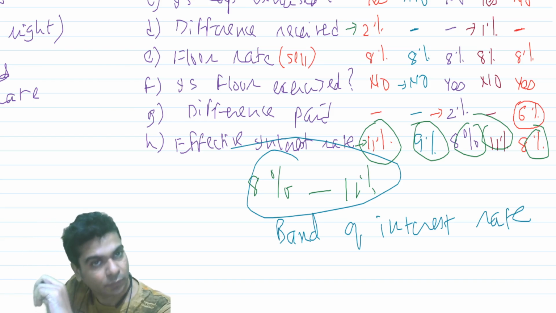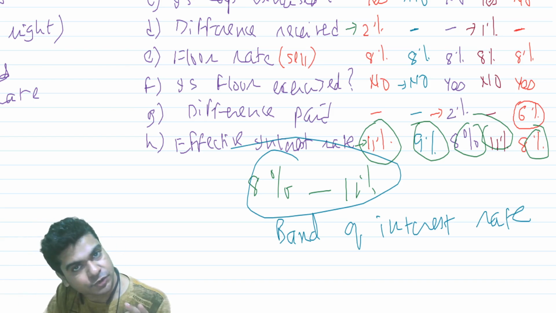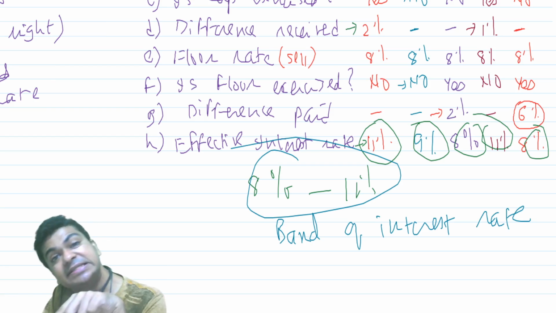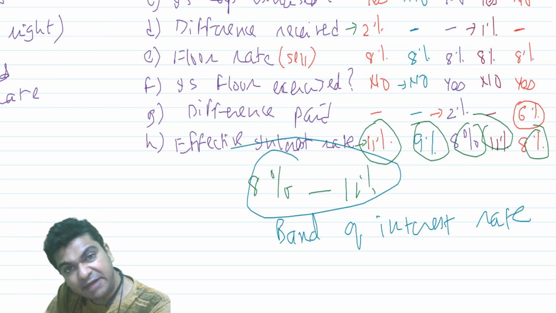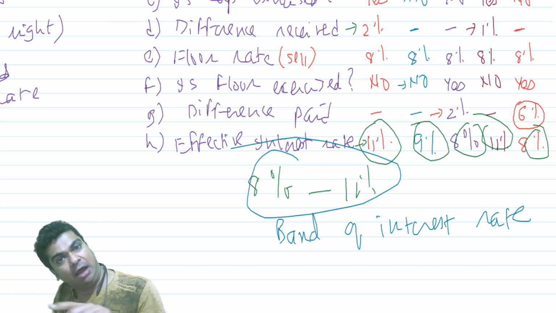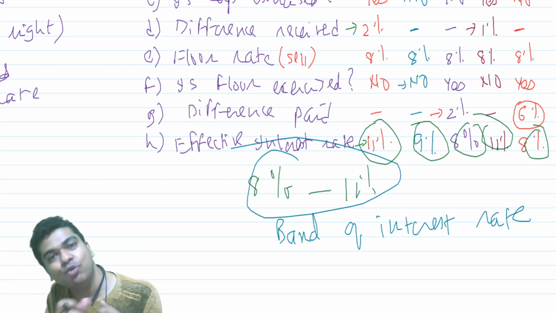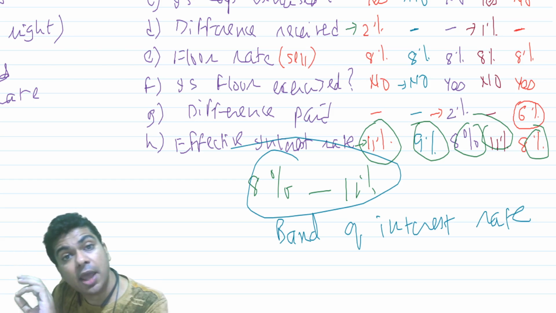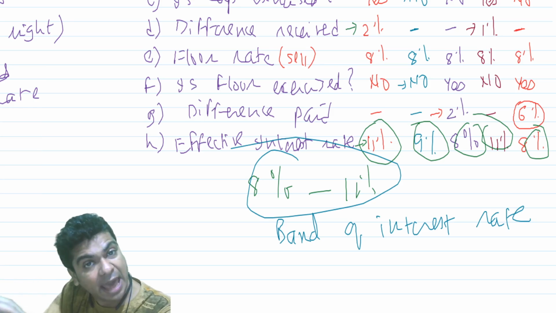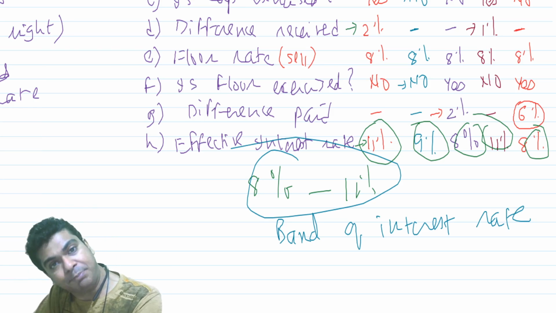Now, the benefit of a collar is that you will simultaneously sell a floor. When you buy a cap, you will have to pay premium, and when you sell a floor, you will receive premium. This is the benefit over here. If you are exclusively buying a cap, then you will exclusively pay premium.